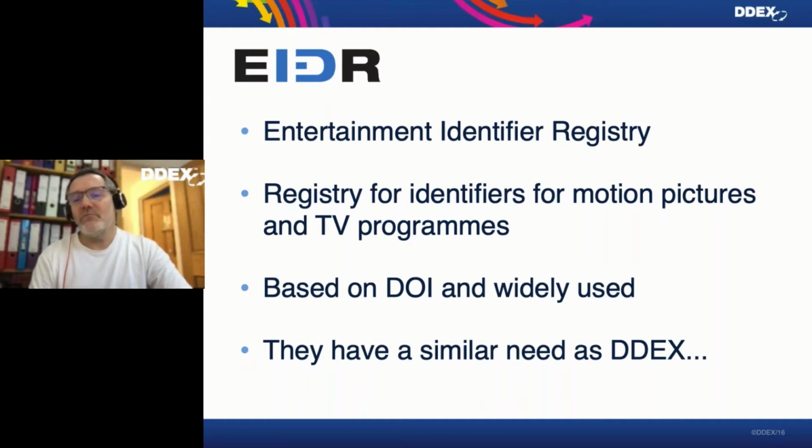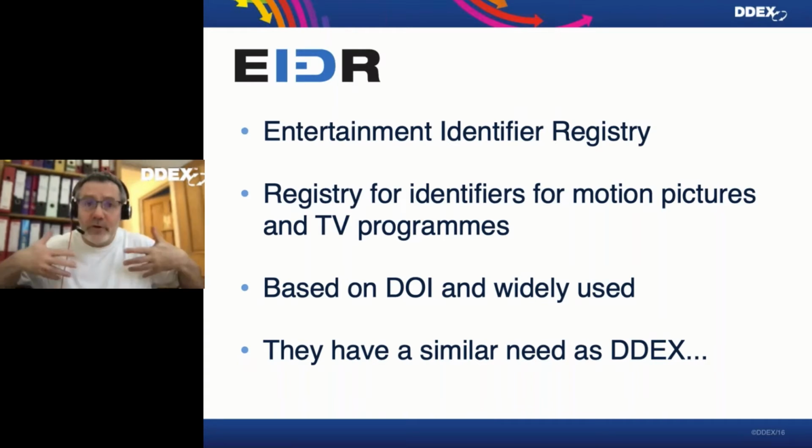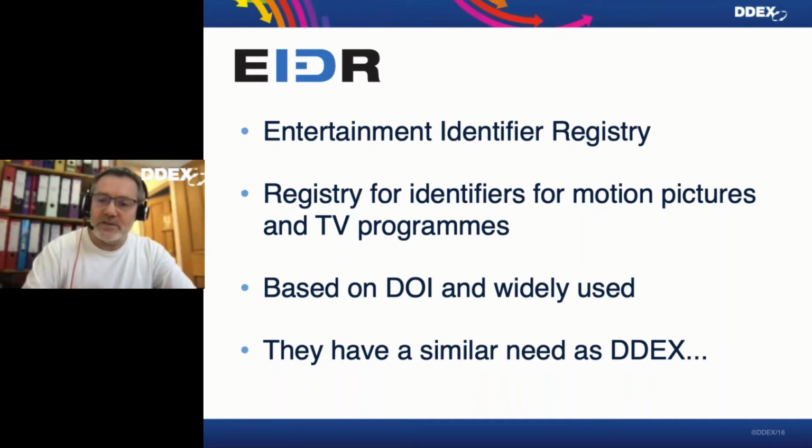EIDR is more interested in the identification of venues where films are being shown to a larger audience, and therefore that needs to be recognized, identified, or notified, but also a recording studio where films are being made, where TV programs are shot. They certainly also need to identify that.